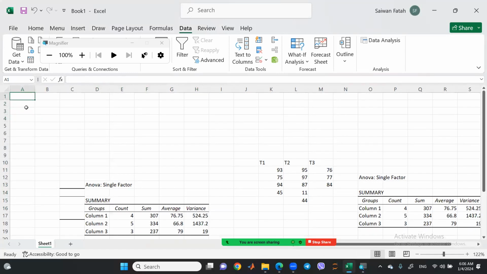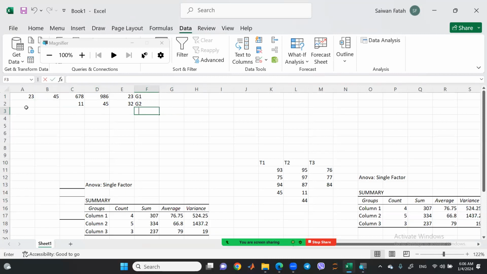Okay, what if we have the values in rows? Let's say we have these 5 data for the first one. Okay, let's say it's group 1. And for group 2, we have 3.